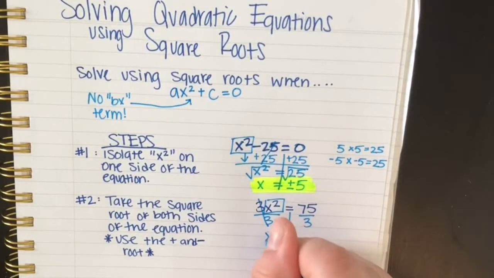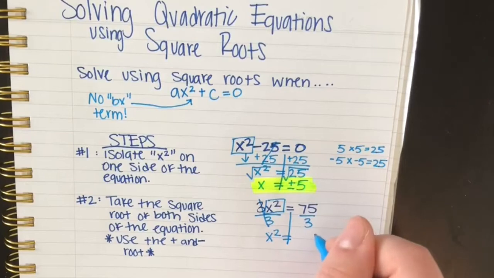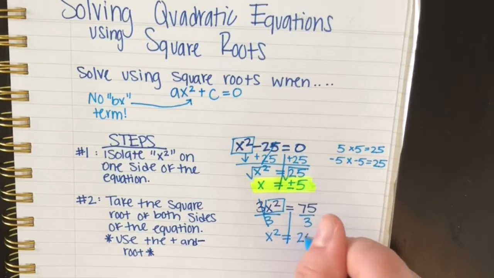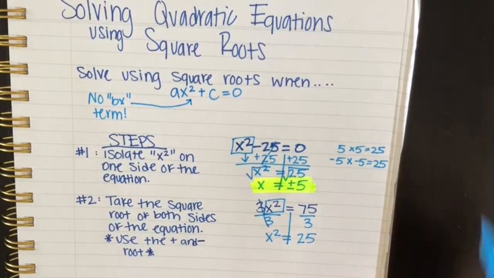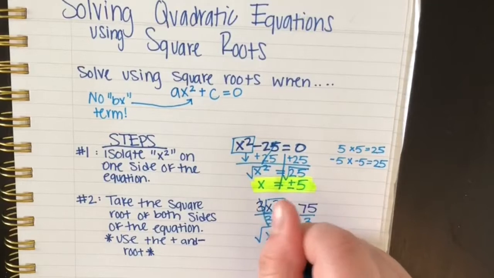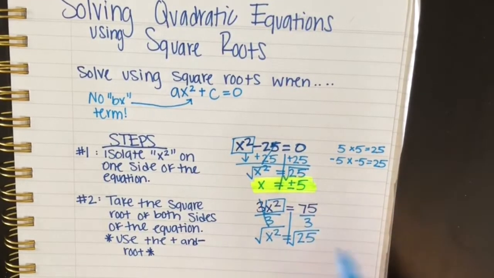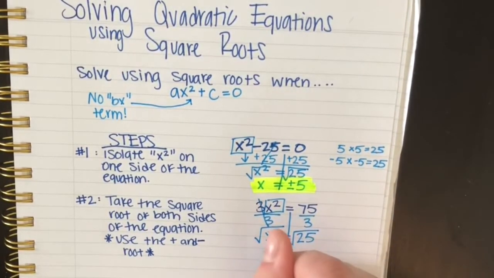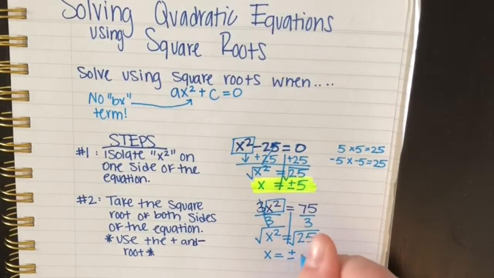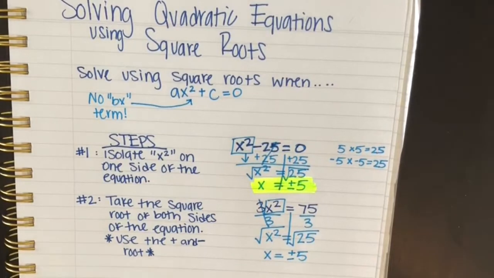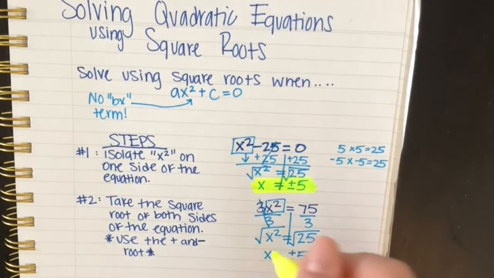I have x squared equals 75 divided by 3, which is 25. Now we're on step 2. Take the square root of both sides of the equation and use the positive and the negative root. So we'll square root both sides. The square root of x squared is x. And just like the last one, the square root of 25 is both positive and negative 5.